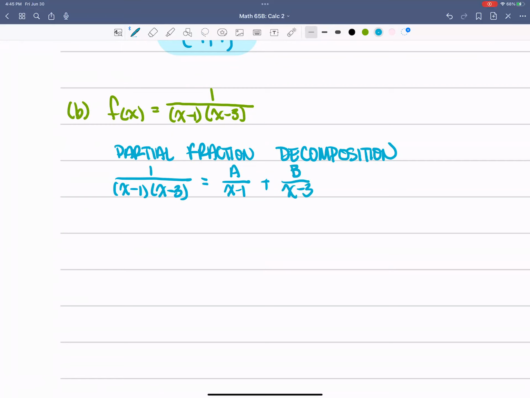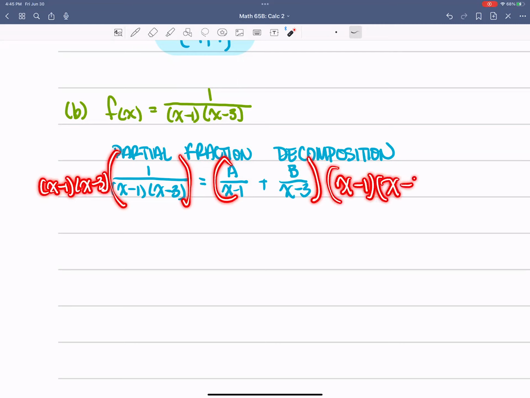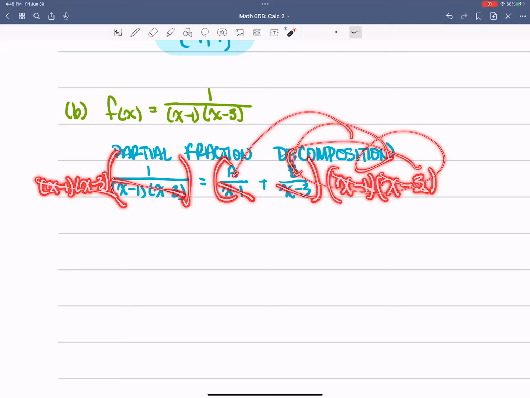For partial fraction decomposition, what I'm going to do is multiply both sides by the denominator, x minus 1 times x minus 3. That way these two completely divide out. Here it divides out with this, and here it divides out with this. And then we're multiplying something to each of these too.